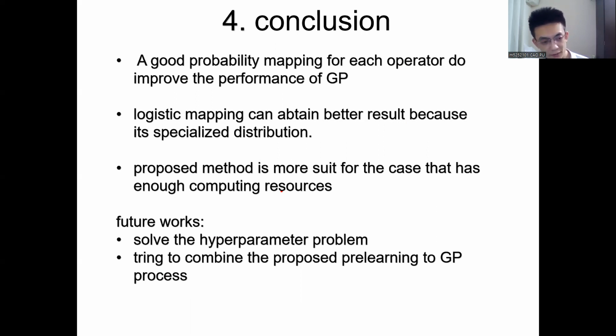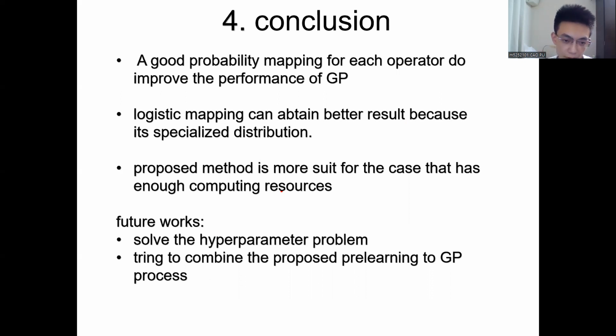We can only set the hyperparameter by our experience. So we'd like to find a way to remove this hyperparameter, I mean, make it a self-optimized parameter in our future study.